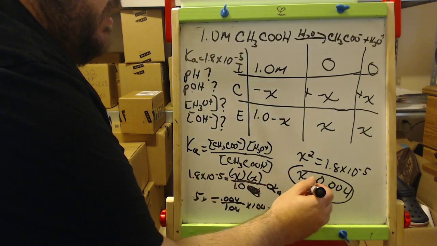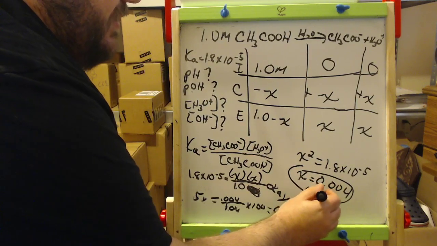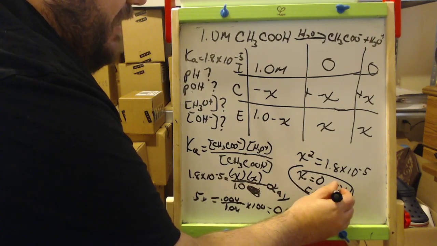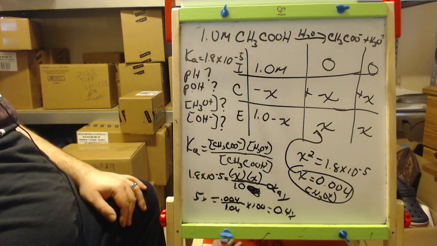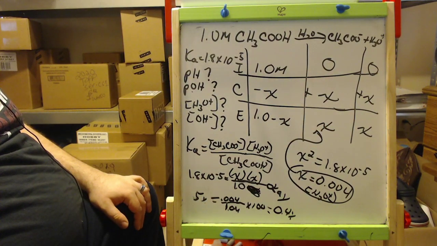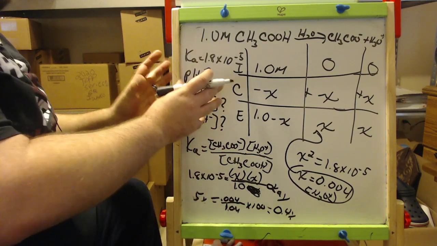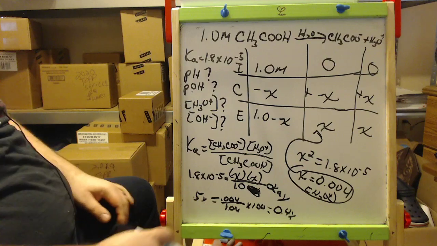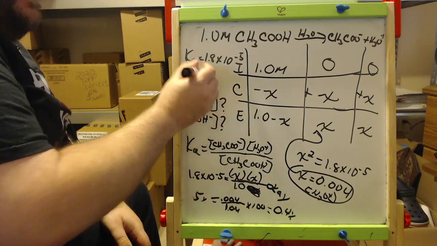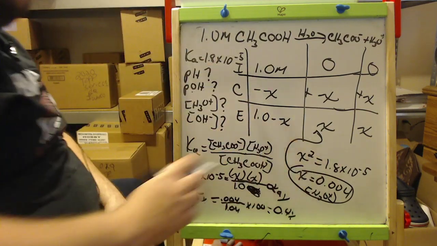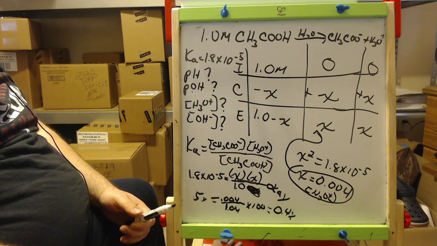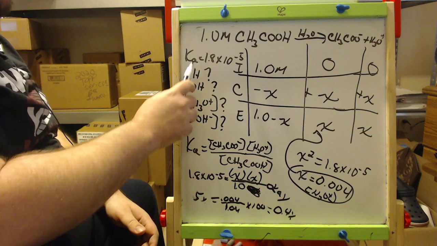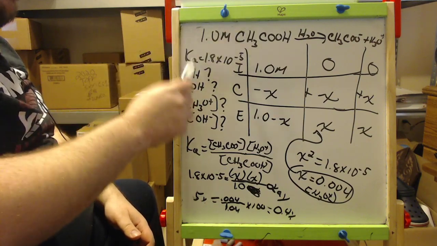So this is our concentration of H3O plus, because when I go back into our table, x is that. Now that I have this, I could figure out the pH by taking the negative log of this number. I could figure out the pOH by taking 14 minus the pH.